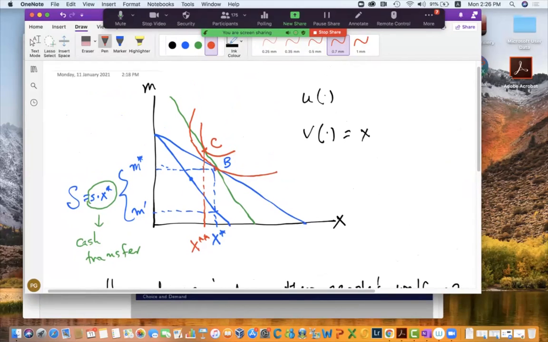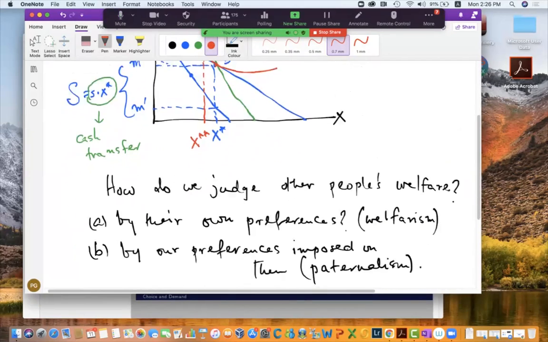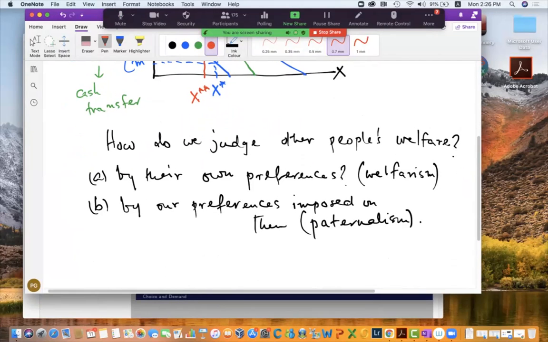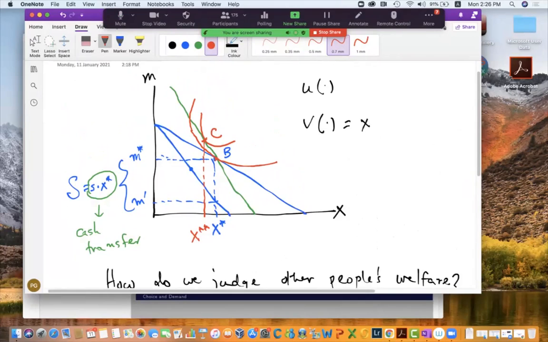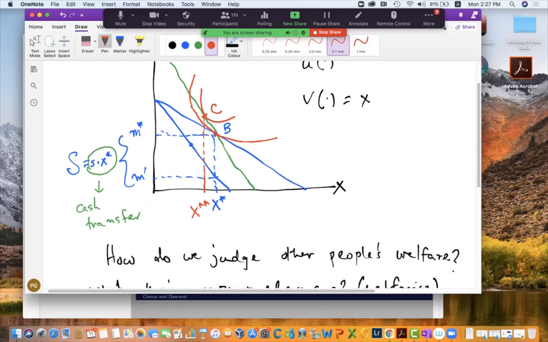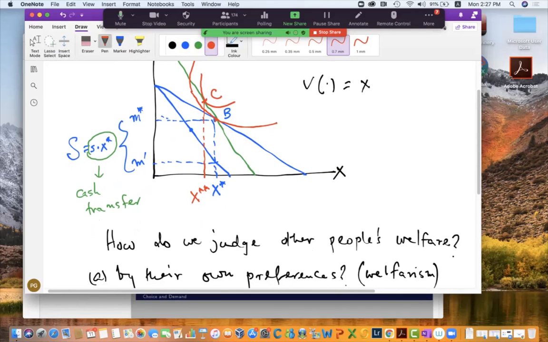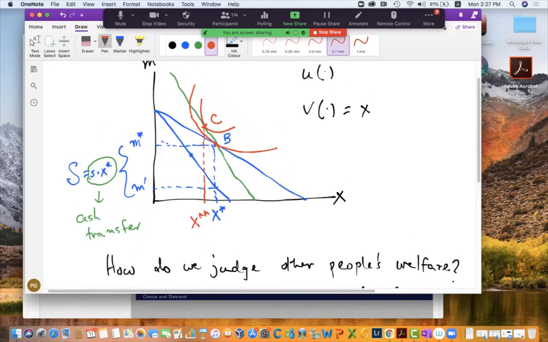Would it not depend on the shape of the indifference curve, the way we are drawing it? Well, it will, but as long as the indifference curves are convex or strictly convex, this argument is unassailable. Intuitively, in both cases the government is giving away the same amount of money.